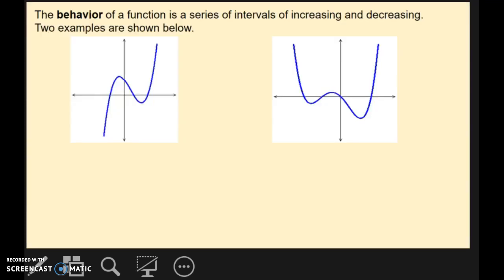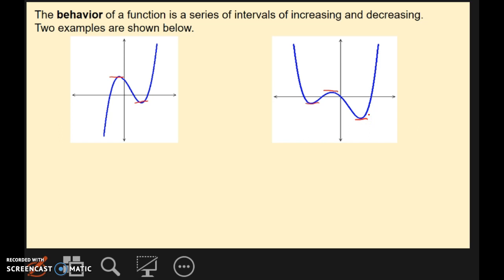The behavior of a function is a series of intervals of increasing and decreasing. So we're going to have areas where the graph goes up, and then it comes down. And at some point, we end up having these little flat spots. So we have a flat spot here and here, and there, and there.